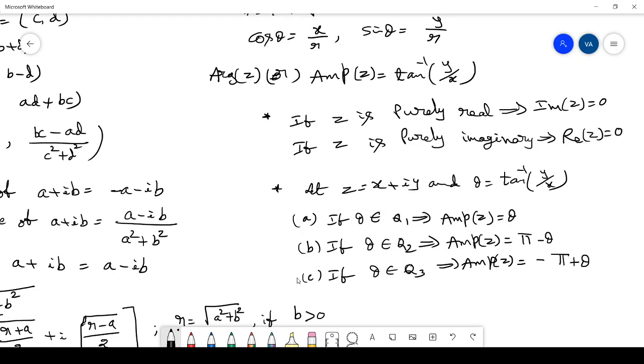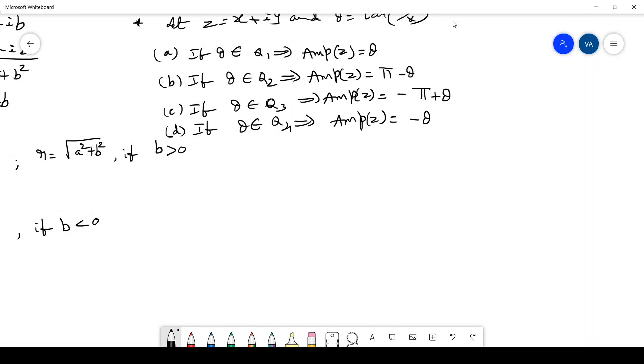If theta is in the fourth quadrant, amp z is minus theta.